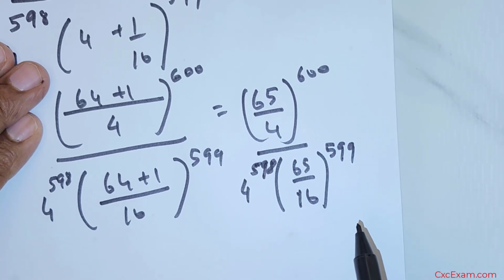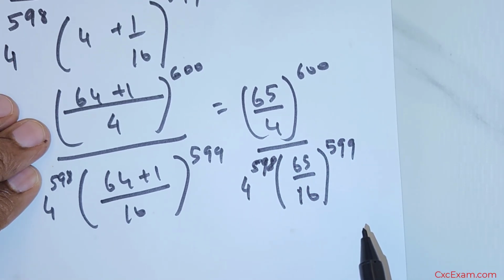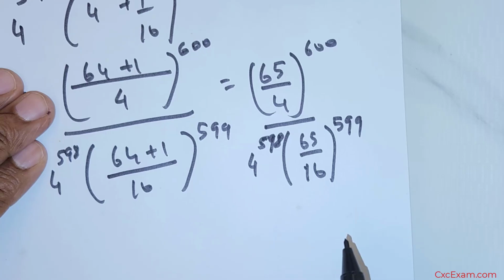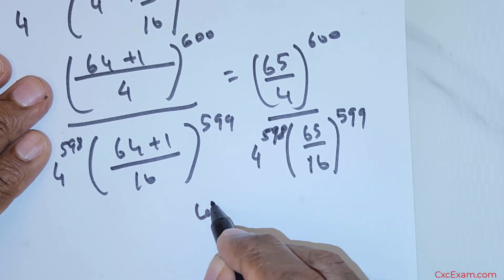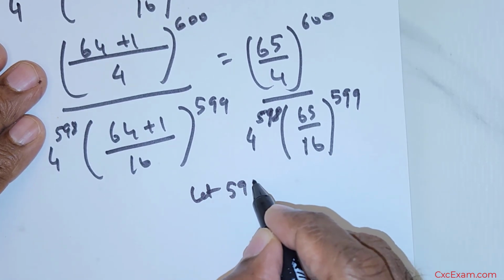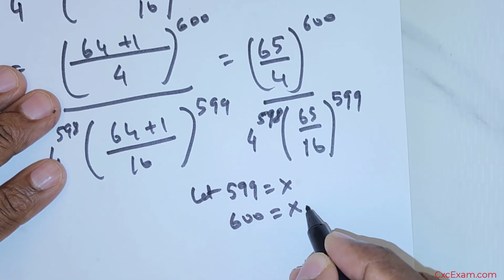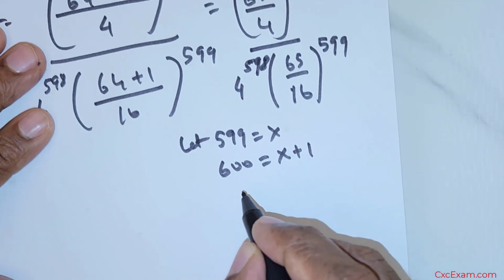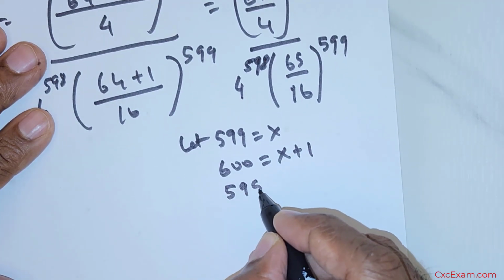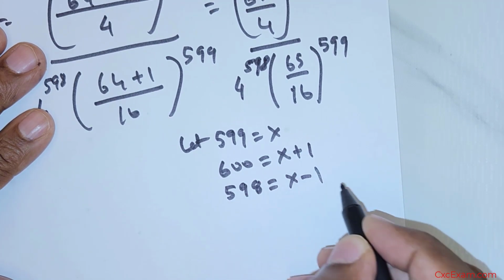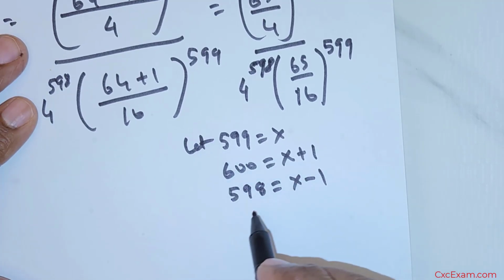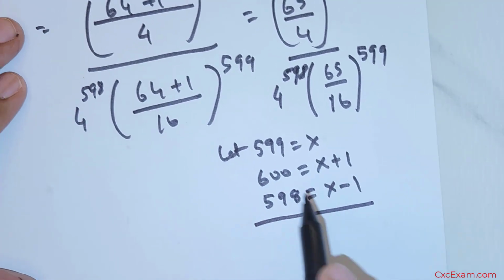Now all of these things would literally confuse you. So what I wish to do is let 599 be equal to x. That means 600 would be rewritten as x positive 1, and this in turn would mean 598 would be rewritten as x negative 1. Okay, so this is perfectly allowed.